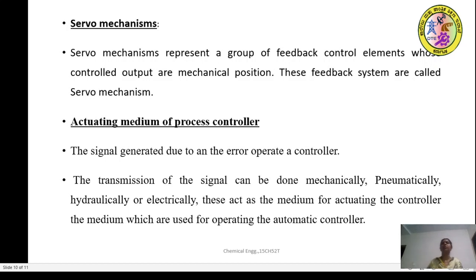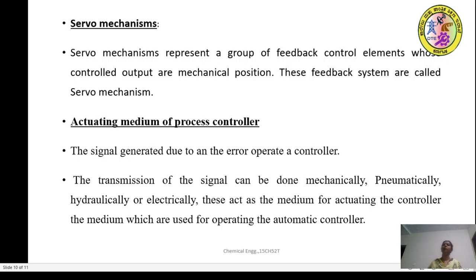For example, in a water heating system in which the water is heated by steam, the steam flow is adjusted by the final control element, which is a valve. The valve is operated based on the output value of the controller, that is, the temperature.